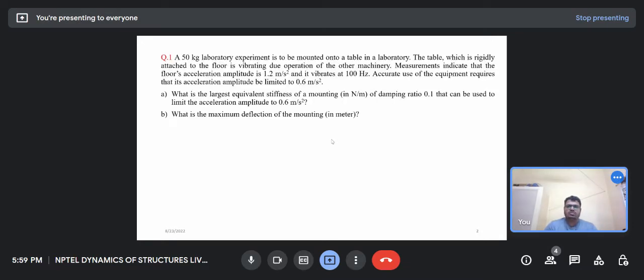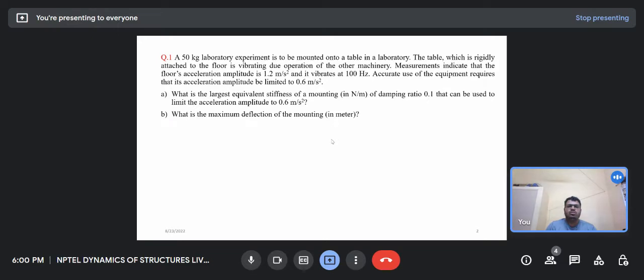Okay, so the first question is: a 50 kg laboratory experiment is to be mounted on a table in the laboratory, the table which is rigidly attached to the floor vibrating due to the operation of other machinery. Measurements indicate that the floor acceleration amplitude is 1.2 meter per second square at 100 hertz.